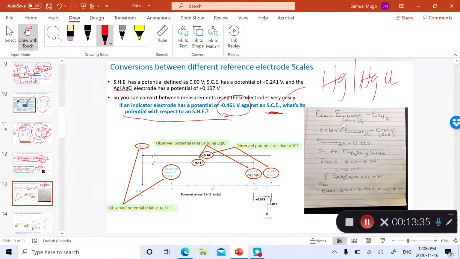We already know the E of the cell is equal to the E indicator minus the E reference, and so I just substitute as such. And so I can determine what the E indicator is when you're using the saturated calomel electrode. And of course you can get that. And then I can determine the E of the cell with respect to the saturated calomel electrode just by substituting this up here minus the fixed potential of the reference electrode for the saturated calomel electrode, which is that.